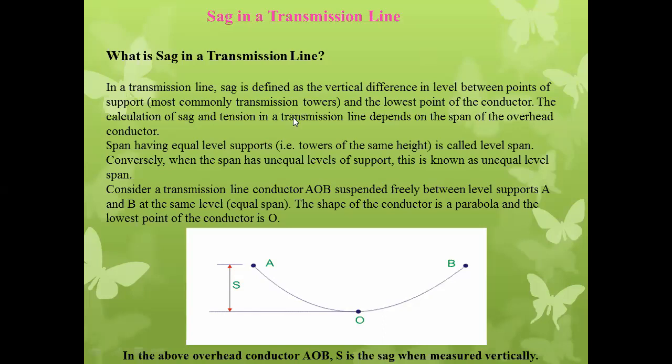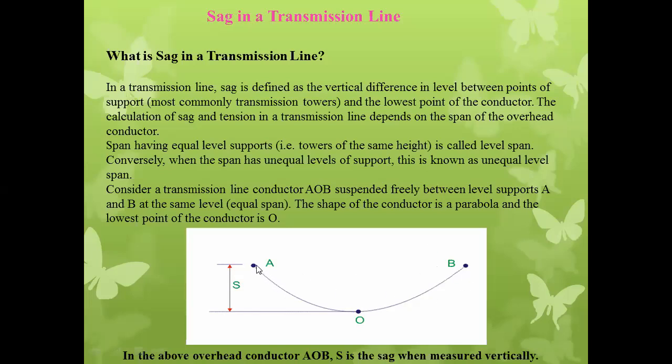Yes, sir. Okay, so see over here in the diagram, this S represents that vertical distance. This A and B, we can say that at point A and at point B, two towers are there.